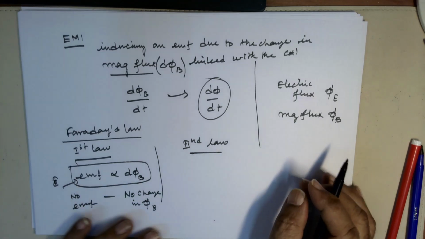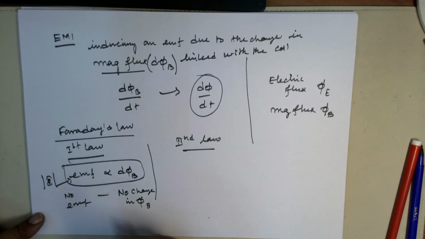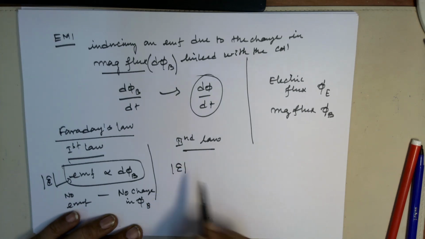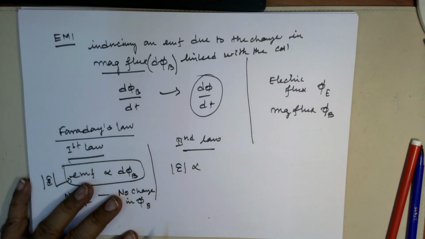So in the second law, the magnitude of this EMF, when I say magnitude, we can put modulus also, is directly proportional to the rate of change. When you say rate with respect to time, any change taking place with respect to time can be called rate of change.